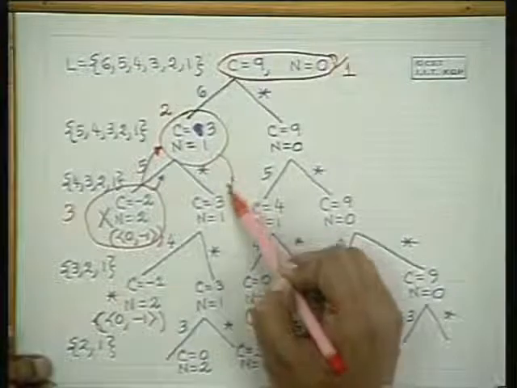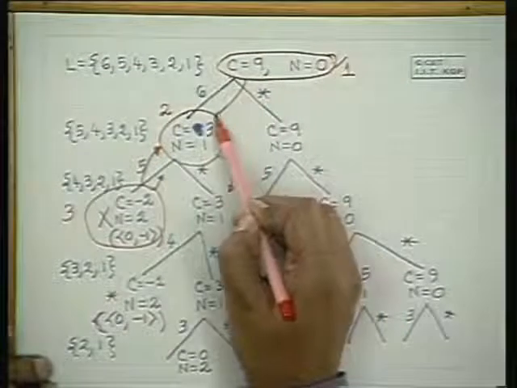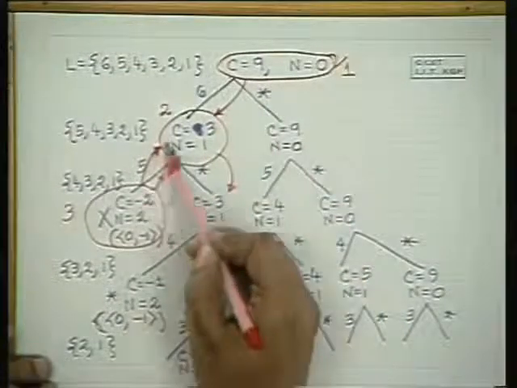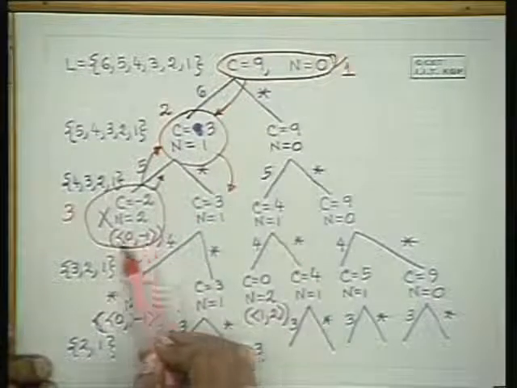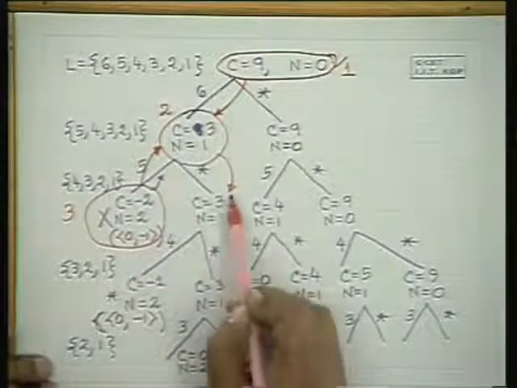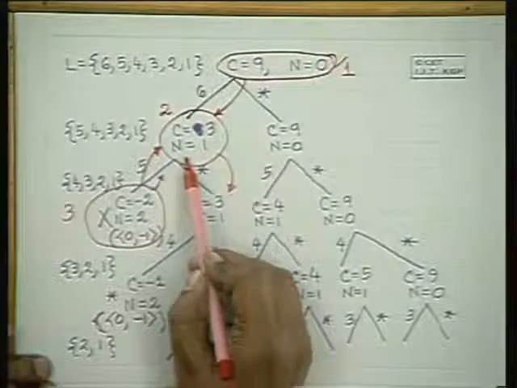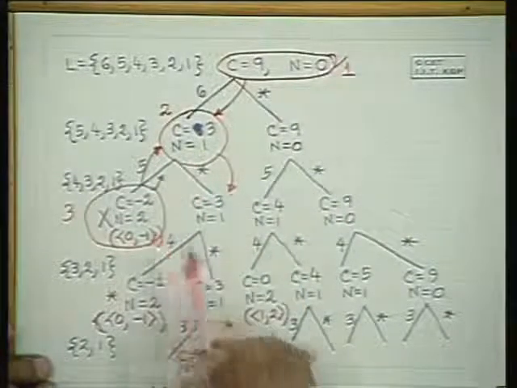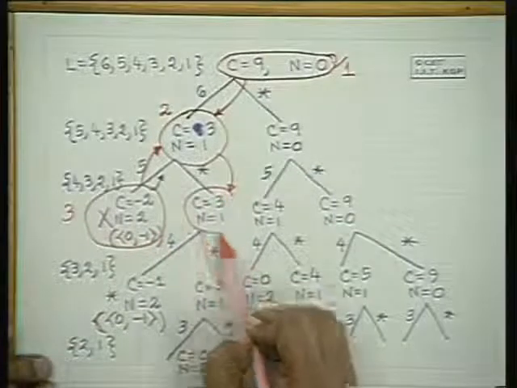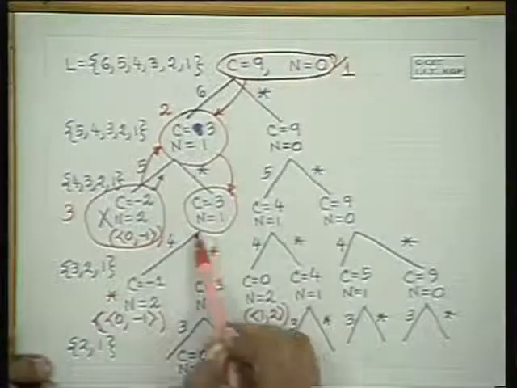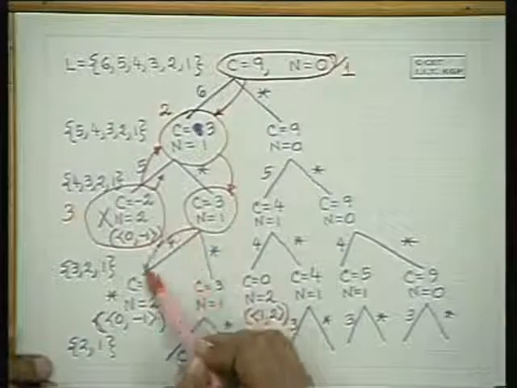Then it will come here. From here it came here. When it backtracks, it has returned this solution. So the value of x1 n1 here is this value, 0 and minus 1. Then it will come here.